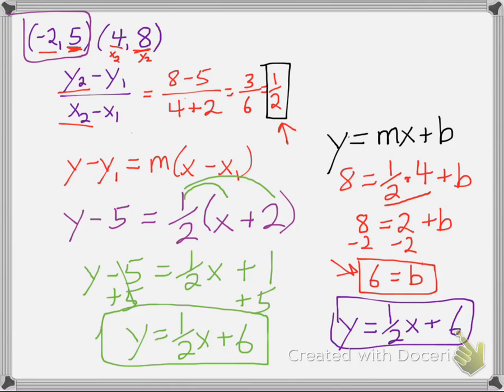Now, there's a third option, which is not the best option. But if you ever get to the point where on the test you're really stuck and you're like, I cannot figure this out, I don't have a clue what I'm doing, the other option you can do is you can do it graphically. Now, the problem with a graph and the reason why it's not the best option is that graphing takes time.